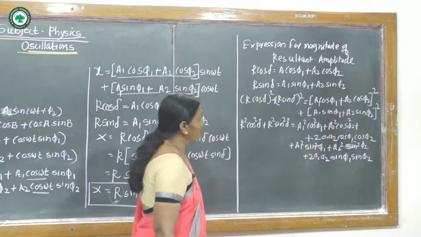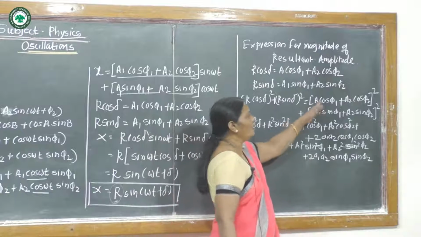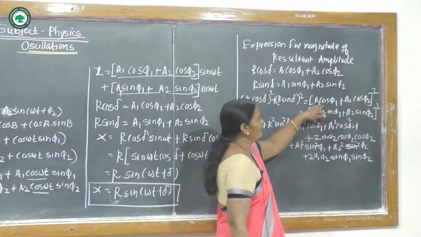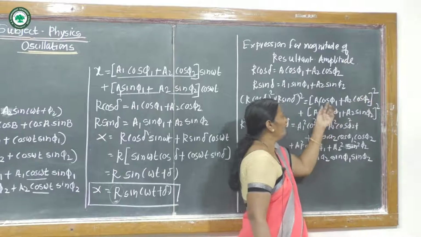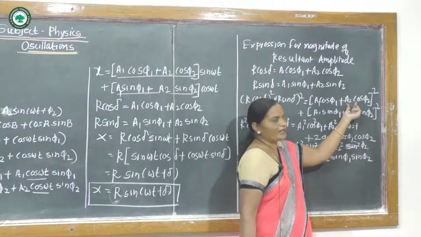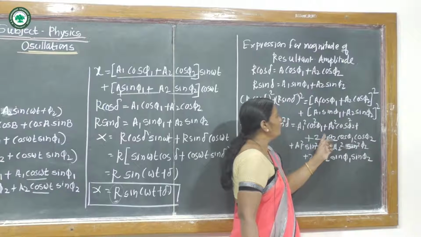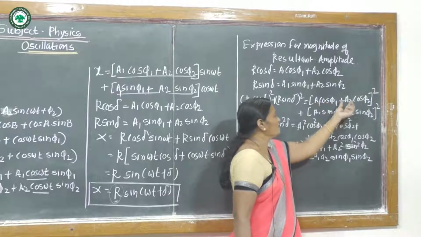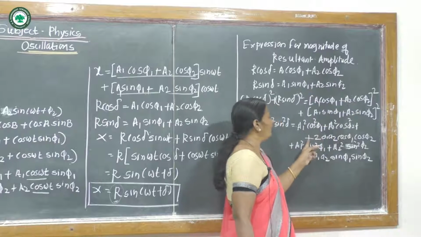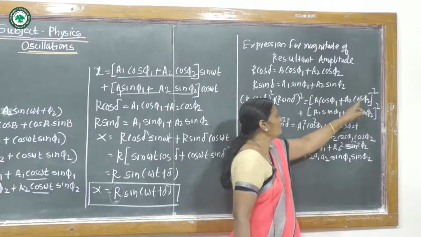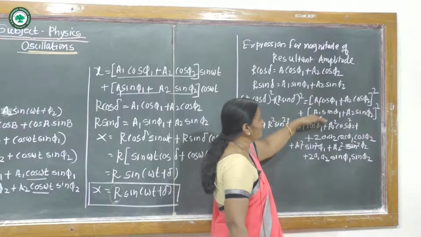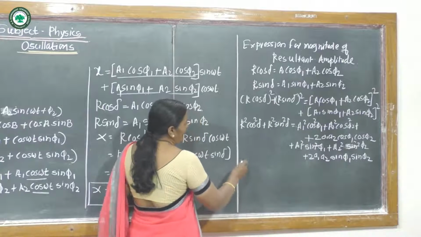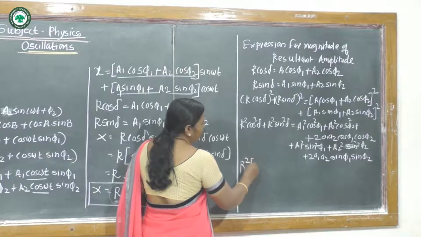Expanding the bracket, suppose this is A and this is B. We expand the bracket by the formula A plus B whole square, it is A square plus B square plus 2AB. Here this is the square of the first term, this is the square of the second term, and plus 2 into first term into second term. Expanding like this, the bracket is also expanded and we get R square is common.